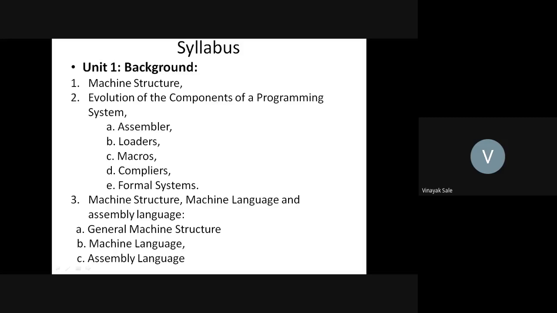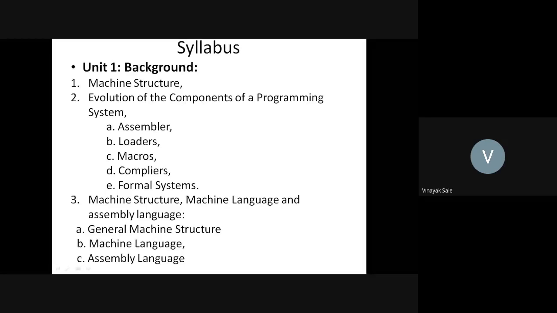So we'll first see your actual syllabus. There are total 5 units. Unit first is background. In background we will see machine structure, then evaluation of components of a programming system.